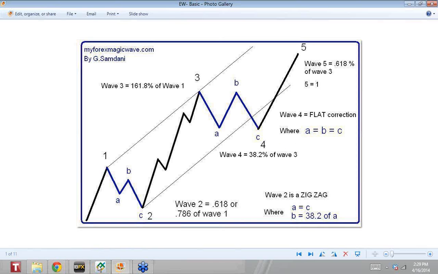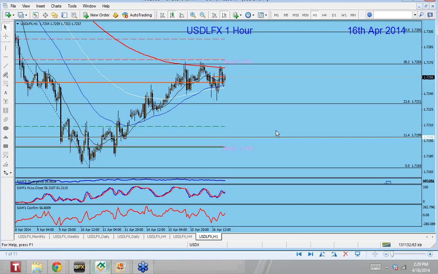So we need probably one little more push, wave 5, to go to 50%, which is the 7303 area. So we will be going up there. Both of my charts are showing the same thing: we are going to the 7303 area, and then we will probably drop for wave 5. So there is no conflict there.